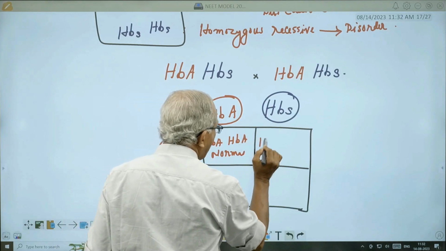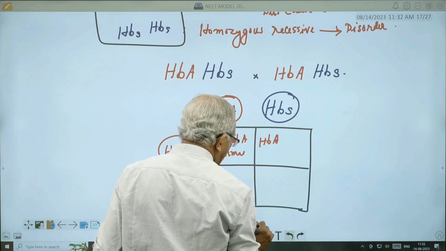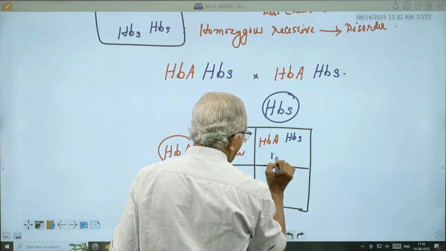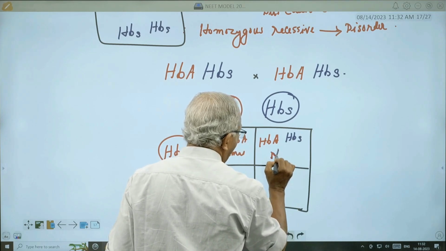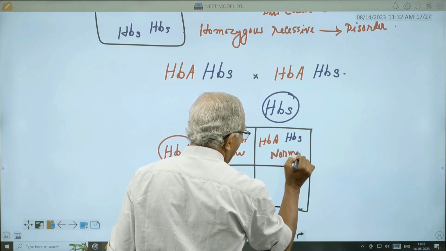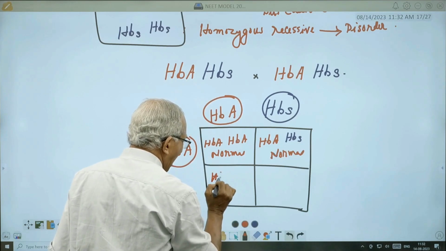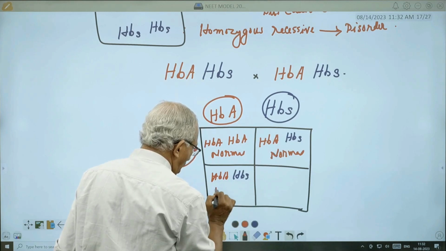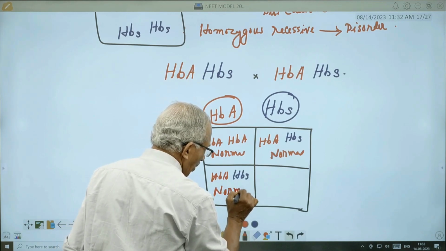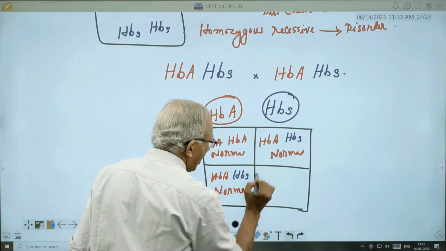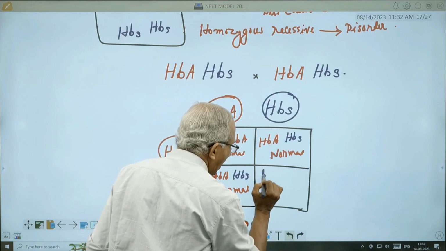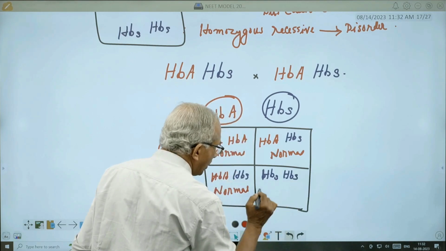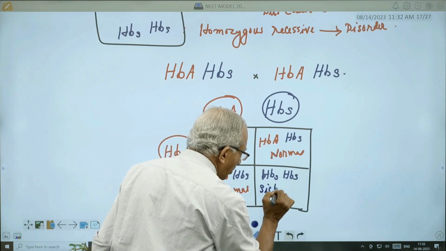If this fuses with this, it is HBA HBS, again normal. Here HBA HBS, also normal. Then this one will be HBS HBS, sickle cell anemia.